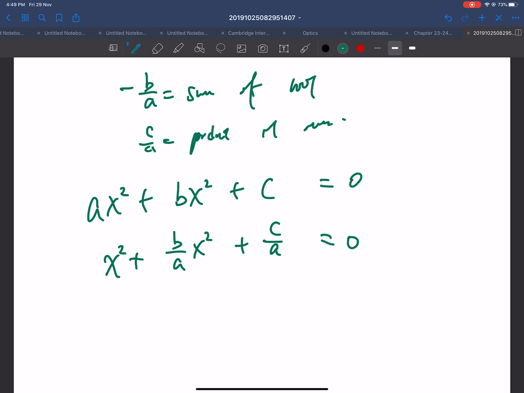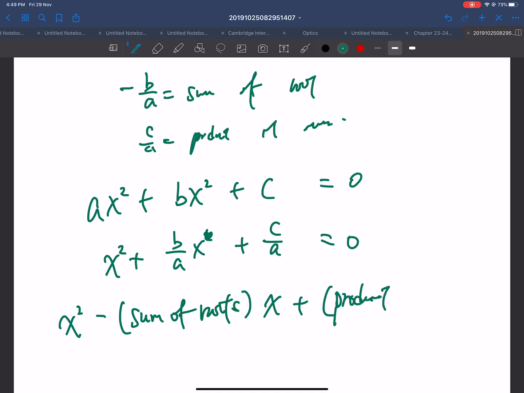So here it is actually x squared plus b over a, that is minus sum of roots, times x, plus product of roots.